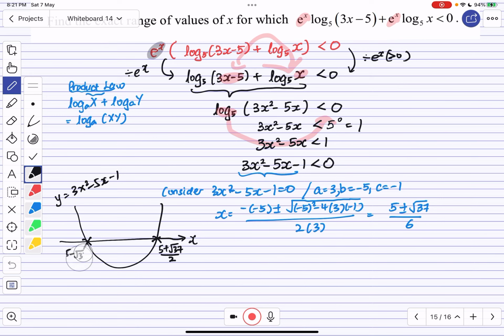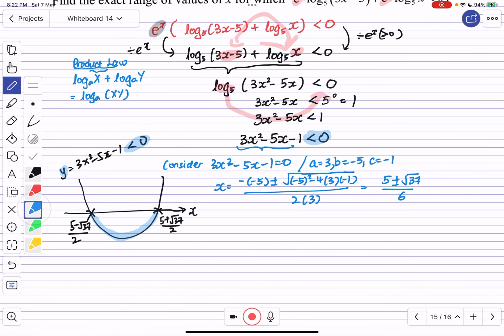The one on the left will be 5 minus square root 37 over 6. Like I always tell you, when we solve a quadratic inequality, always sketch out the curve. Because we want less than 0, we are considering the y value to be less than 0, which will be the shaded blue region.